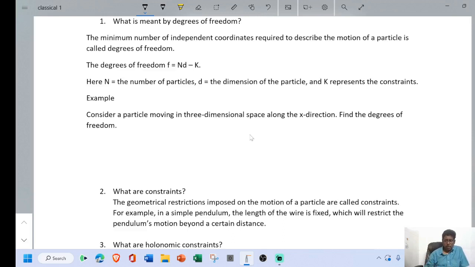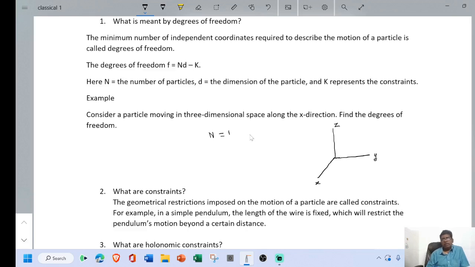Now we have to draw a three-dimensional space. This is three-dimensional space, x, y, z. Here the number of particles n equal to 1.